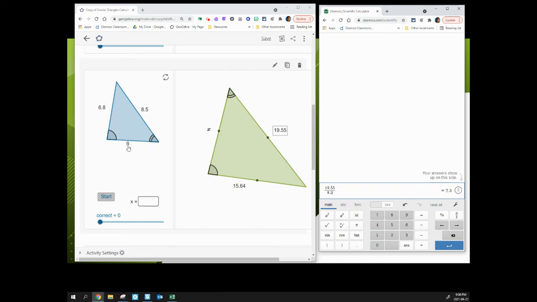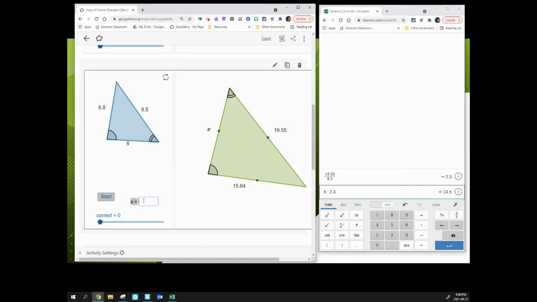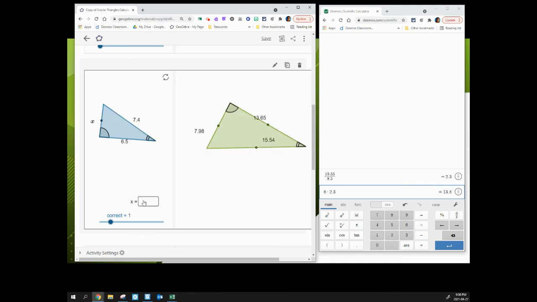But of course, it's enlarged by a factor of 2.3. So what I would do here is I would do 6 times 2.3. And that's 13.8, and that's the value I'm going to put here, 13.8, and I'm going to press enter. And I got it correct.